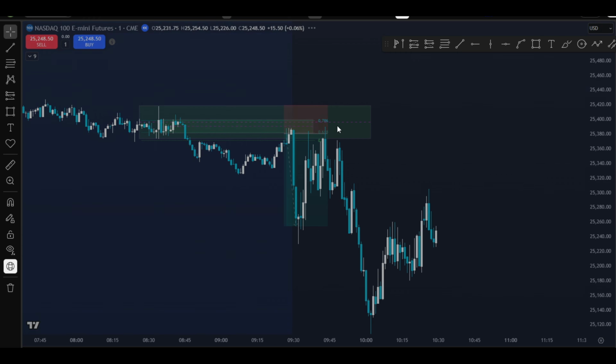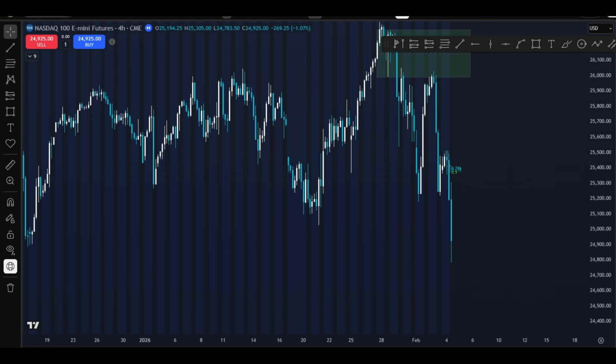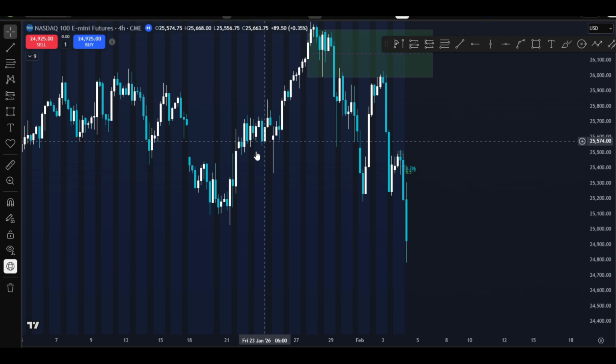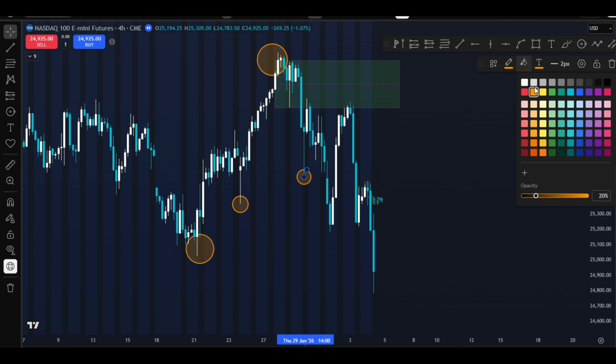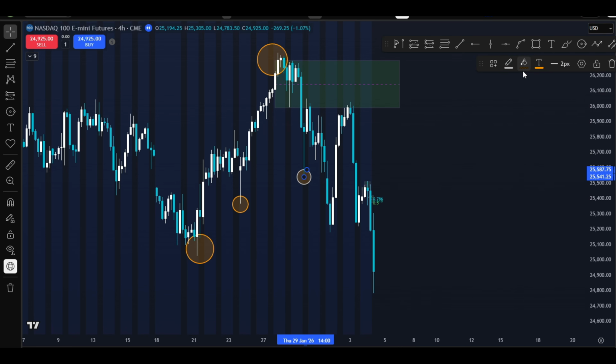So if you take a quick look again, right? This is external liquidity over here. So I'll highlight the circle. External liquidity, and these are internal liquidity, right? So I can kind of put this into a different color.